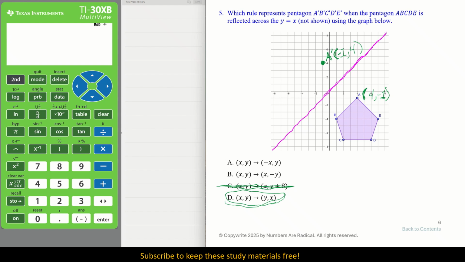So then that would give us A, B, and D. And once we see what happens from A to A prime, we get a really good sense of which value will work. We see that they're keeping the X values in position. It's simply that one might be negative, one positive. And as we can see from A, that's just not occurring.